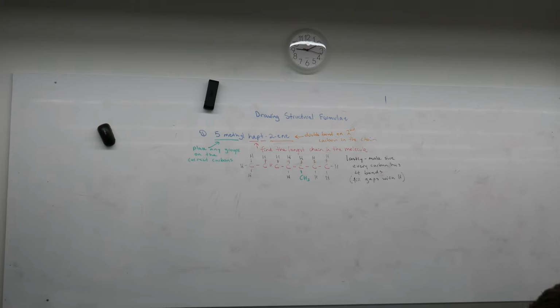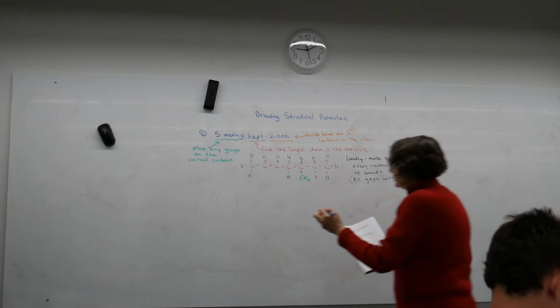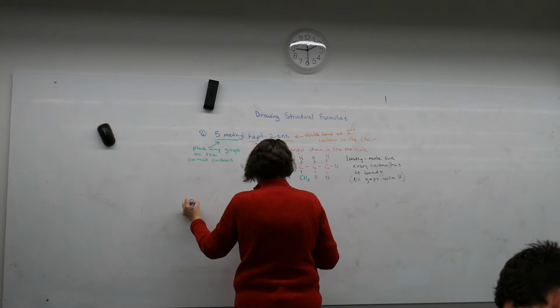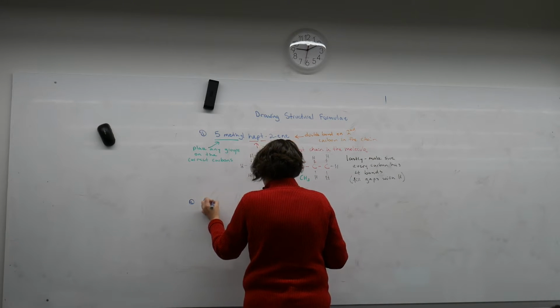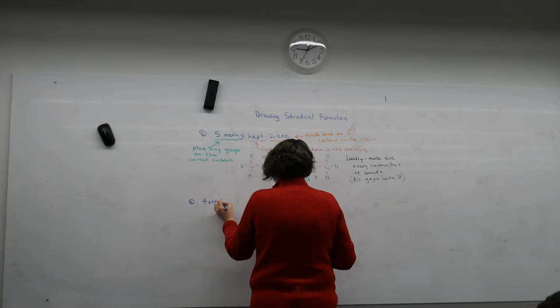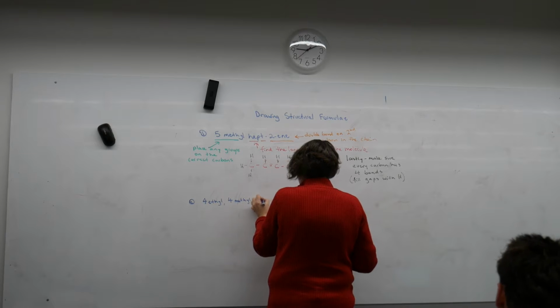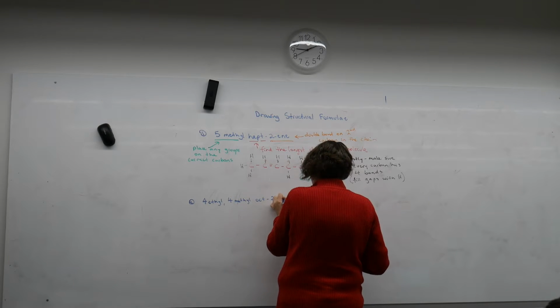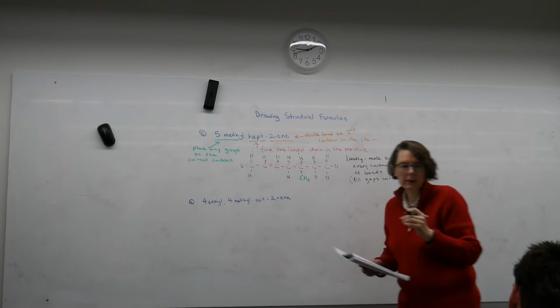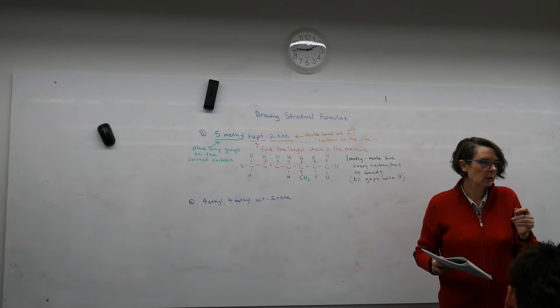And so if we look at the next example, which was 4-ethyl, 4-methyl octene. Let's do that same process.